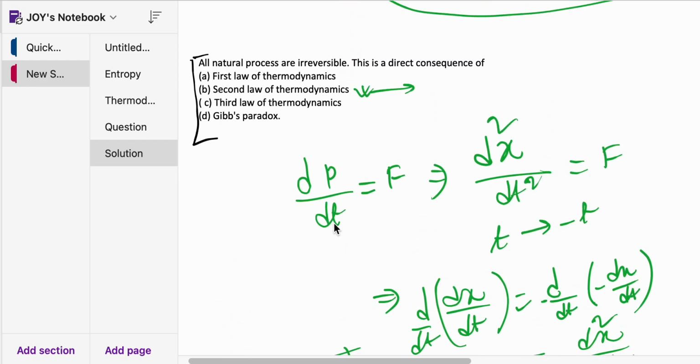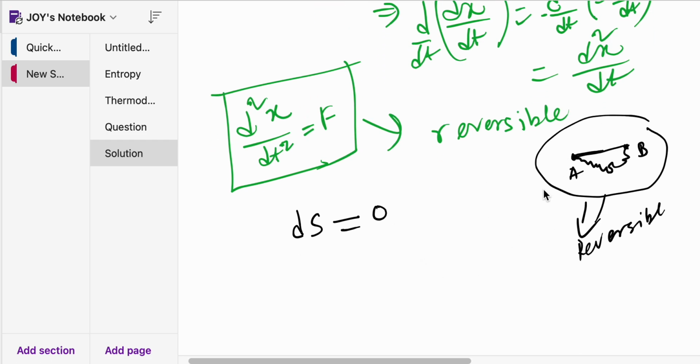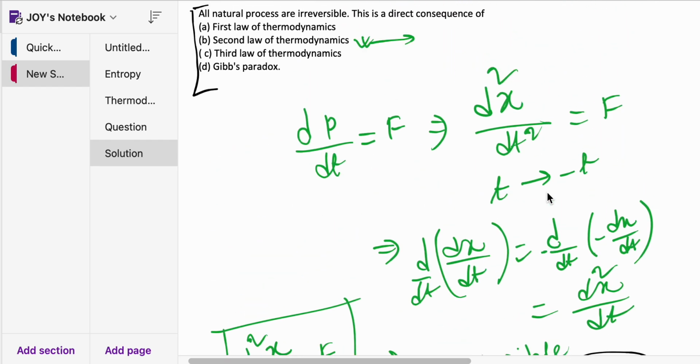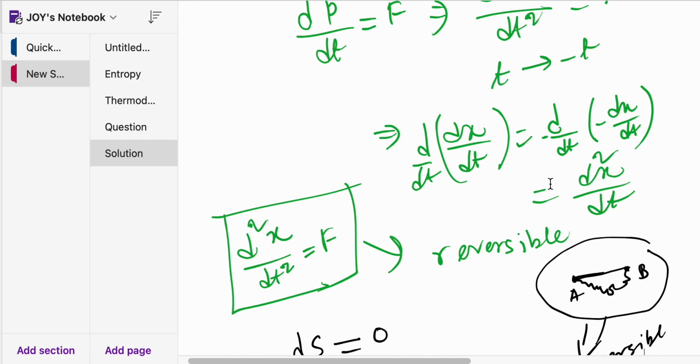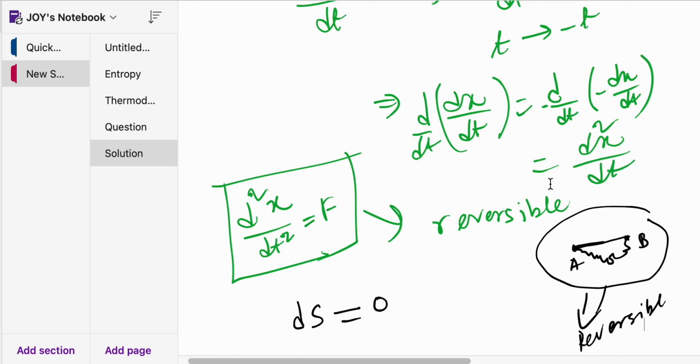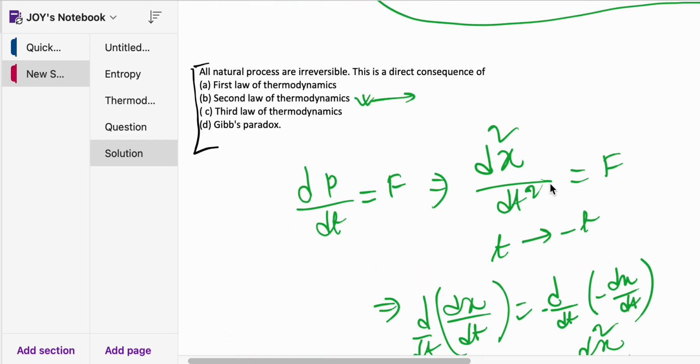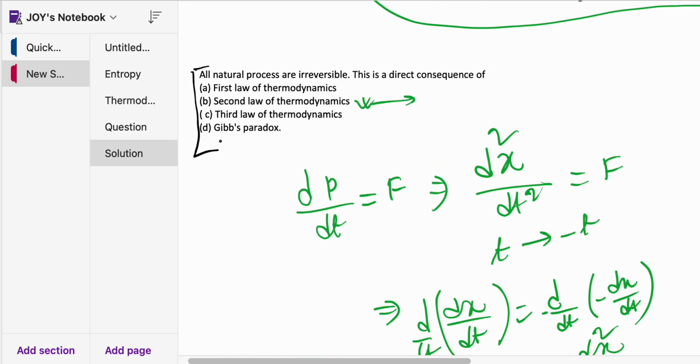But as we observe in nature, in every process, when we put it back to the initial position, the entropy actually increases by some amount. That indicates the irreversibility of every natural process. So the second law of thermodynamics tells us about the irreversibility of the system.